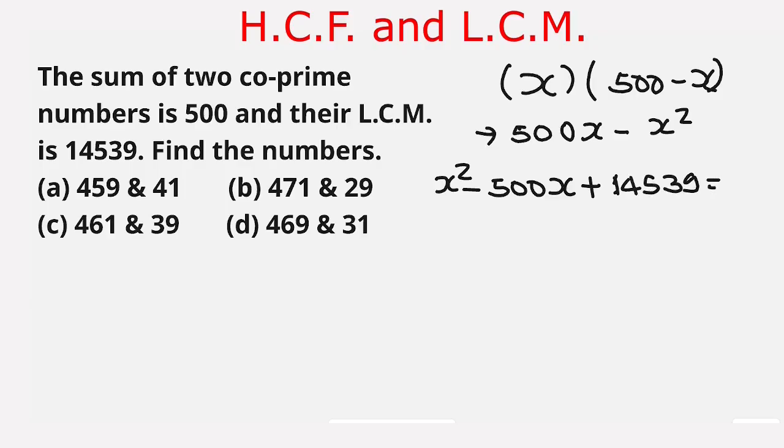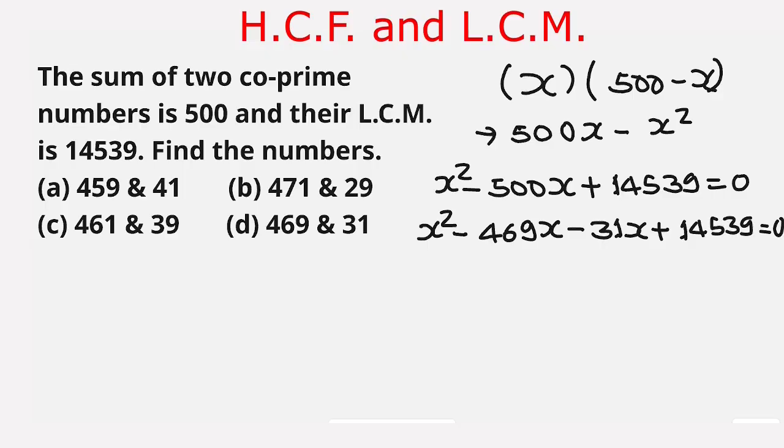14,539 equal to 0. This is equal to x square minus 469x minus 31x plus 14,539 equal to 0. We take x common.